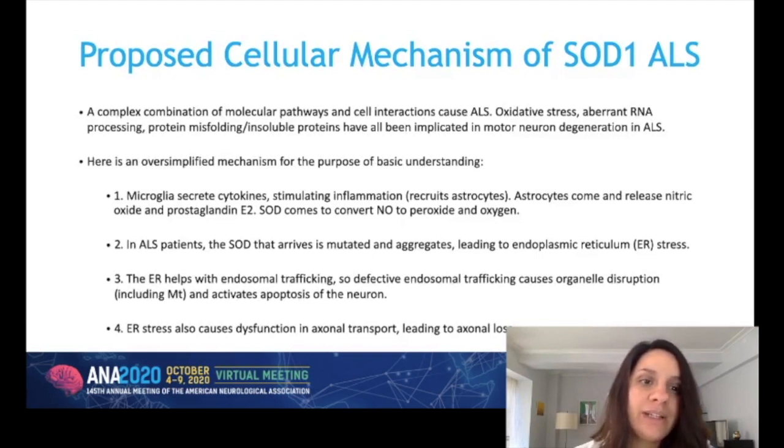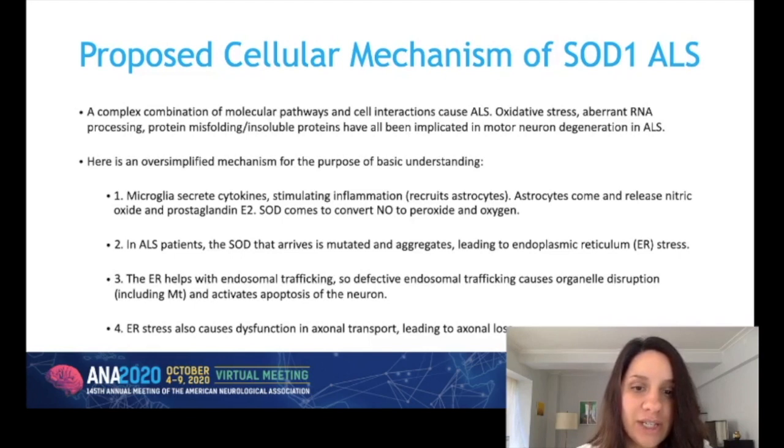So we know that there is a complex combination of molecular pathways that actually cause ALS. These include oxidative stress, aberrant RNA processing, misfolding of proteins, aggregation of insoluble proteins, all together in some combination cause ALS.